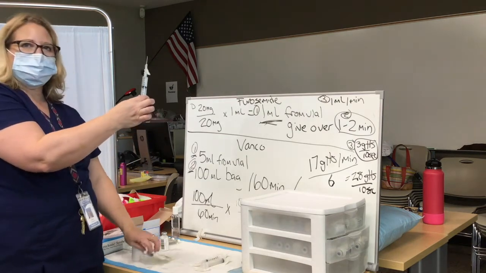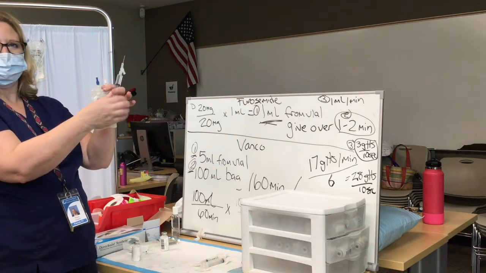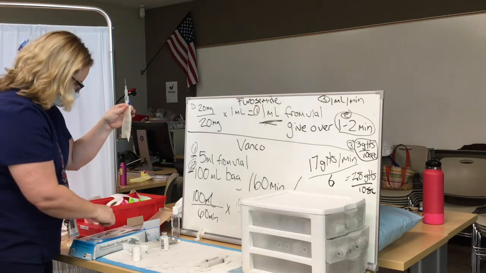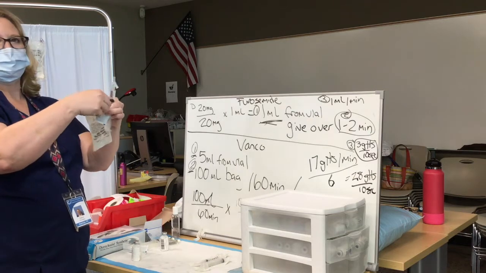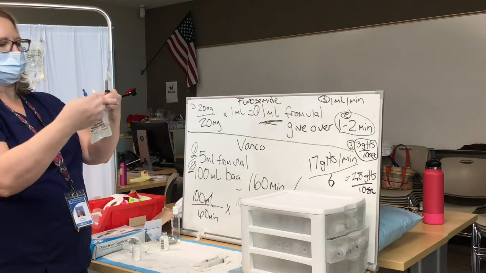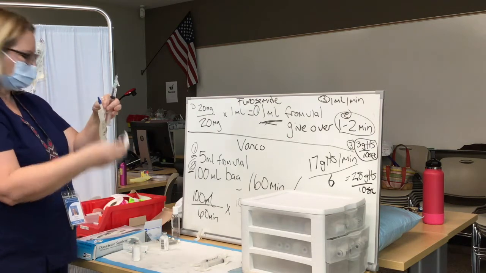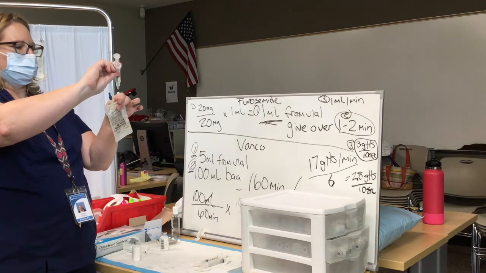You may go straight into the bag here. This came out of a sterile bag, so this end is still sterile. If you want to clean it, I will have no problems with you cleaning the end of a bag. I'm about to put a needle into something. I want it to be clean. We're going to put the needle straight into the bag.